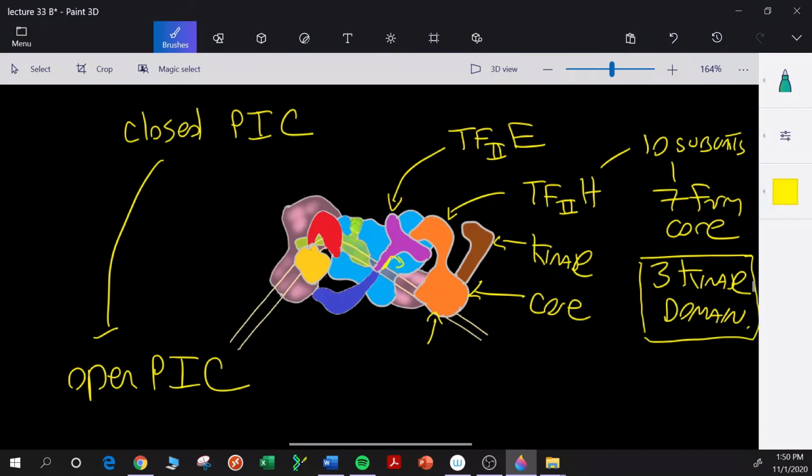The open PIC is formed when TF2H unwinds the DNA for RNA polymerase II. Once that DNA is unwound, then RNA polymerase II can initiate transcription. It's thought to do the unwinding with its translocase activity.